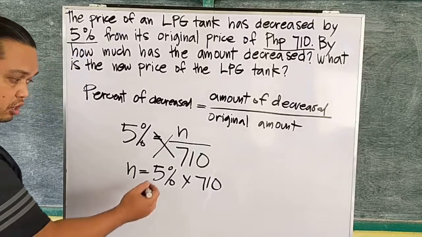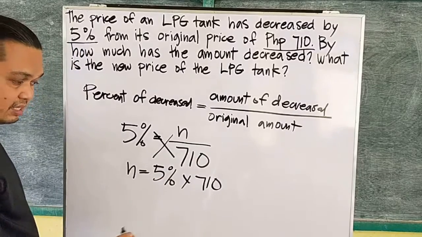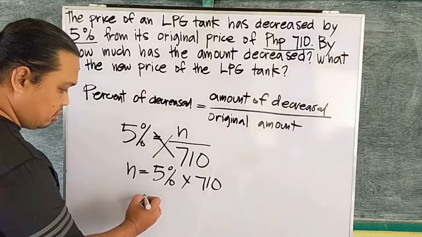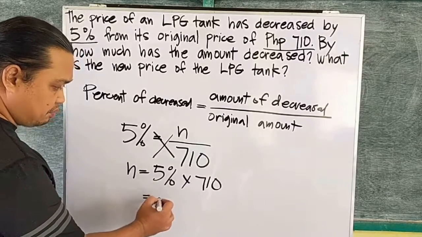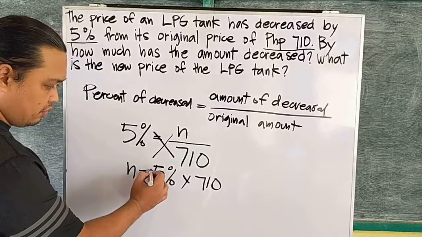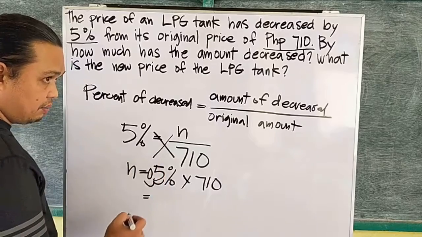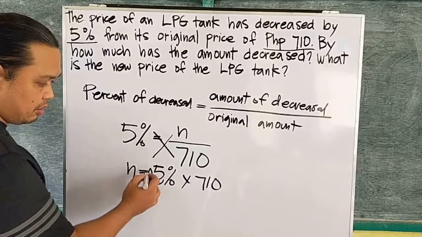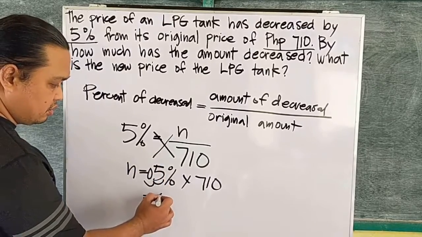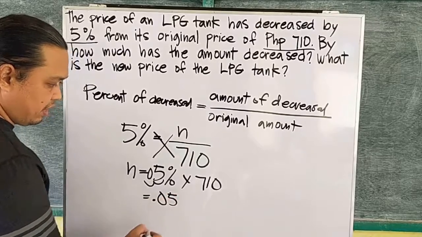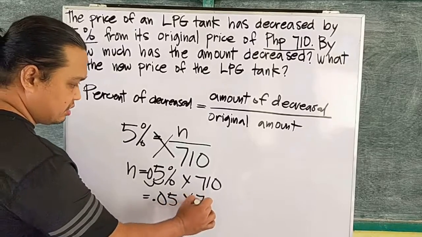How? Just change the percent into a decimal number. So two steps to the left, 1, 2. So we have here 0.05 times 710.